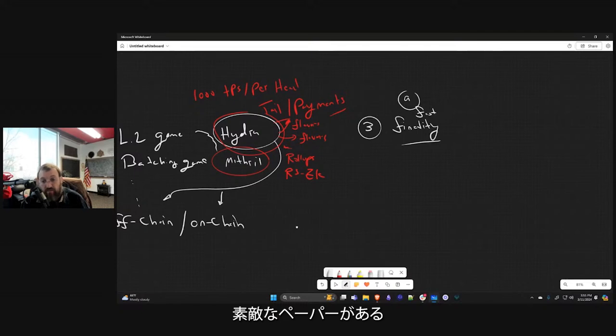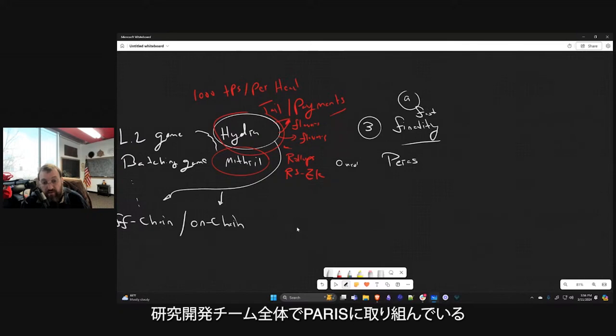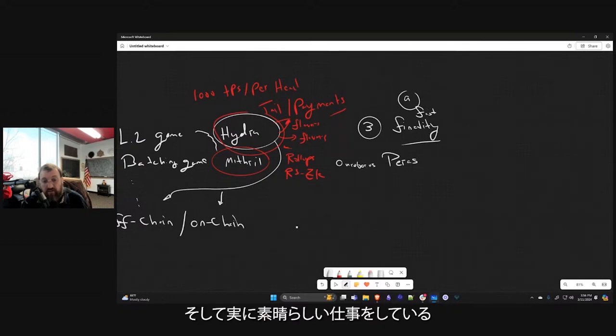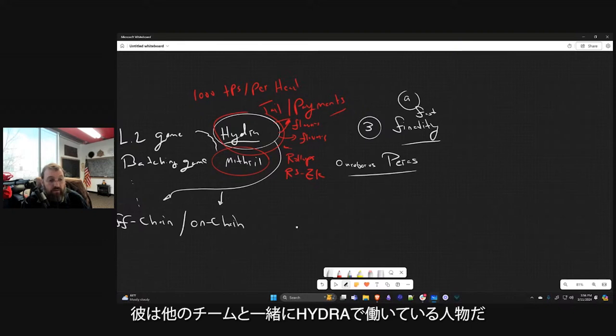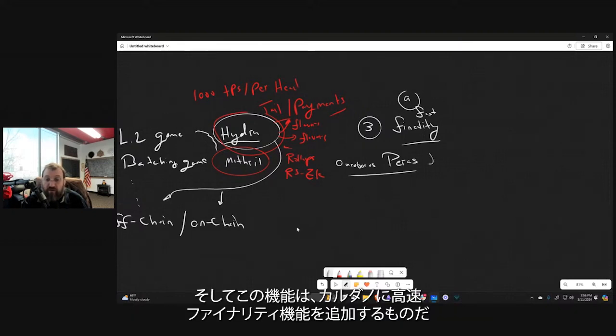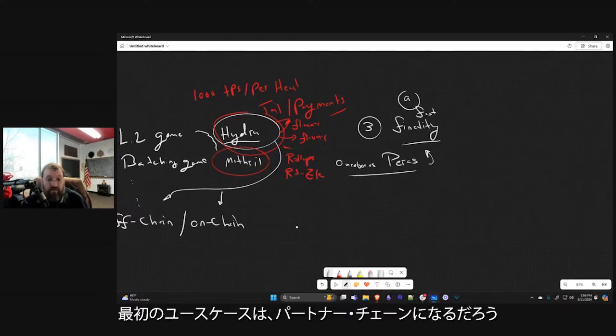And we have a lovely paper. It's almost ready to publish, called Paris. And we have a whole R&D team that's been working on Paris and doing some really remarkable work. It's led by Arnaud Bailly, who is the same person who works on Hydra with the rest of the team. And what this functionally does is adds a fast finality capability into Cardano. So the first use case is going to be with the partner chains.